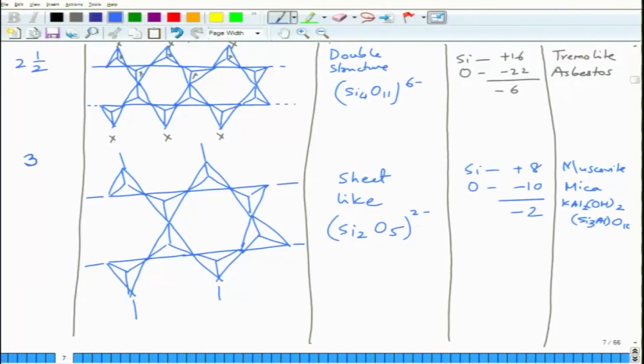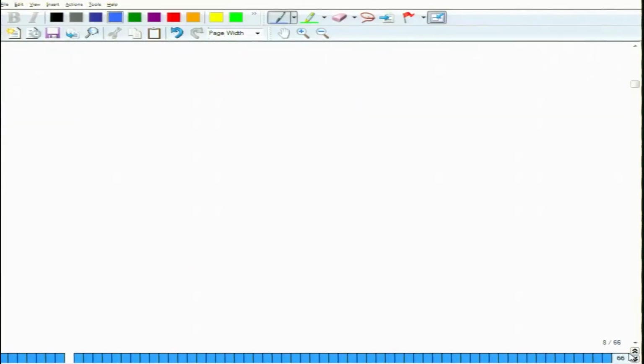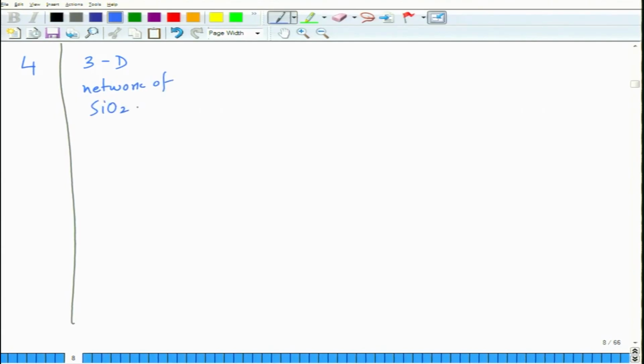And then the final one was the 4 pairing. As we saw in the first slide, you have a 3D network of SiO2 tetrahedra, and this is basically SiO2 with charge 0.